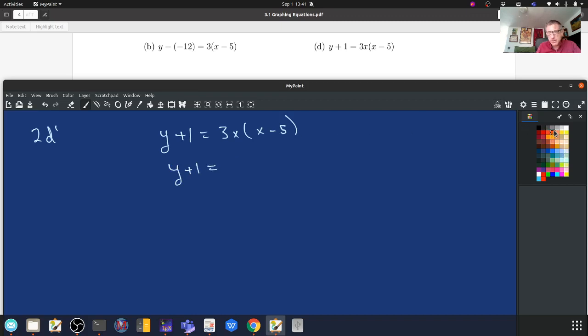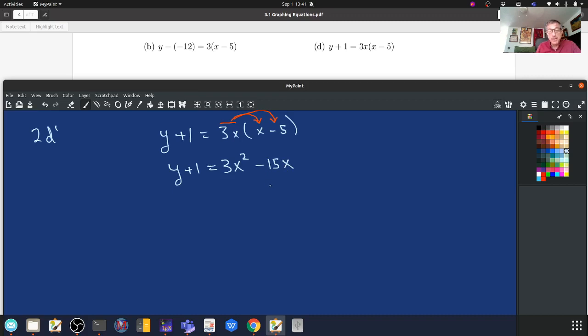So again, I'm going to use distribution. 3x times x, 3x times minus 5. So 3x times x is 3 times x. So that's 3x squared. And 3x minus 5, well, 3 times minus 5 is minus 15 times x.